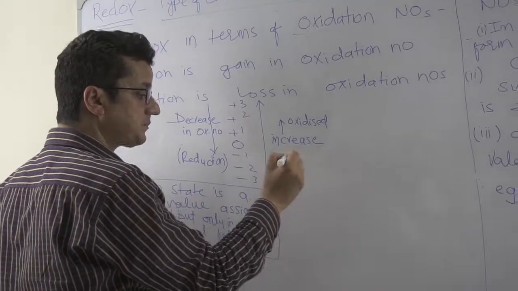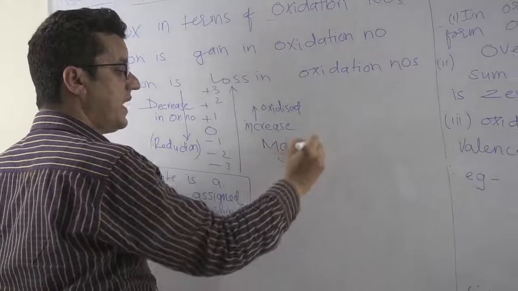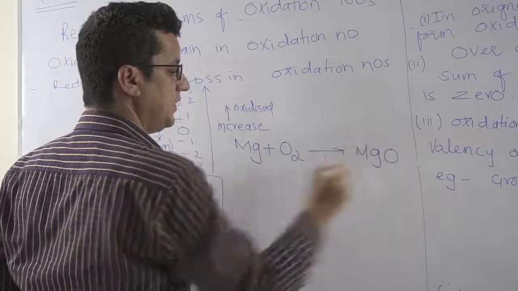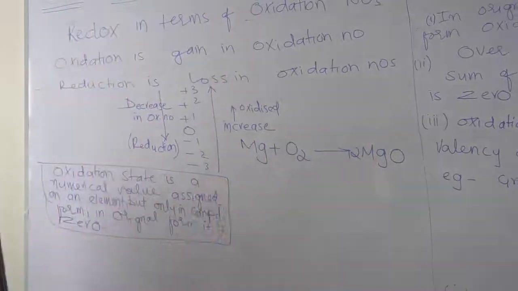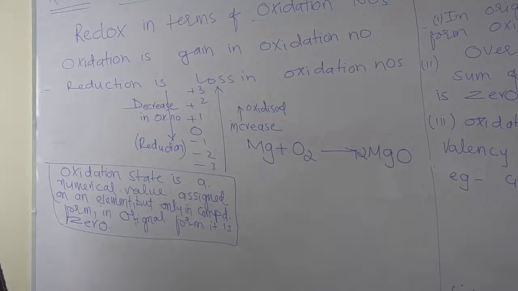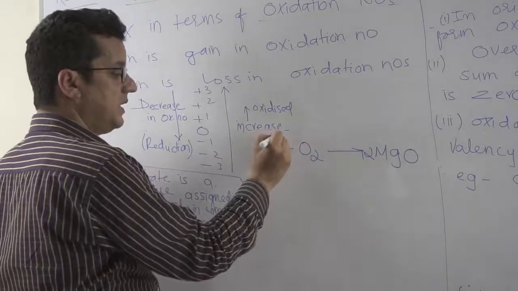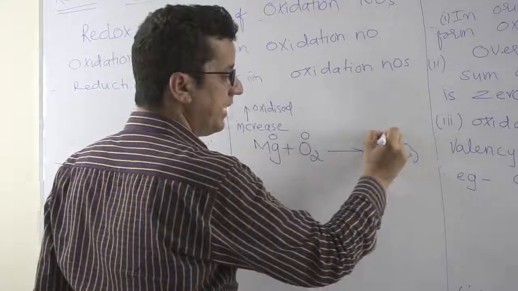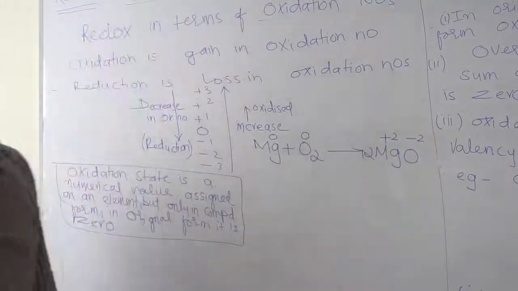For example, magnesium reacting with oxygen to produce magnesium oxide. We know that. In terms of oxidation number, it's so convenient to explain if we can work out the oxidation numbers. Magnesium is 0, oxygen is 0, and here magnesium gains +2 and oxygen gains -2.